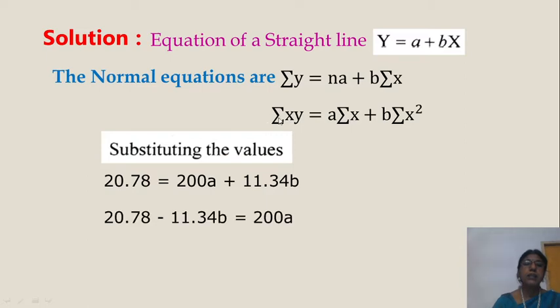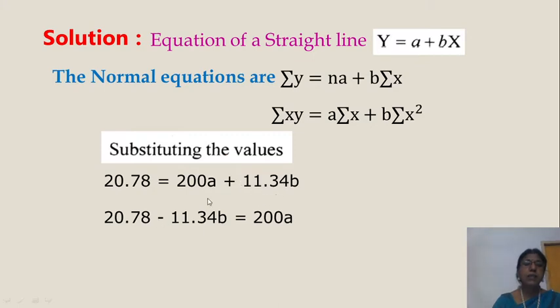Then sigma xy is equal to a sigma x plus b sigma x square. We substitute these values. The first equation can be written in terms of a: sigma y is equal to na plus b sigma x.